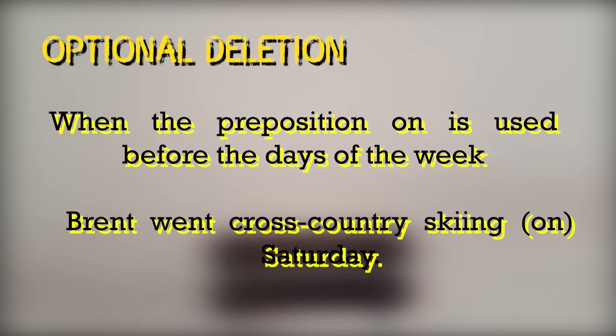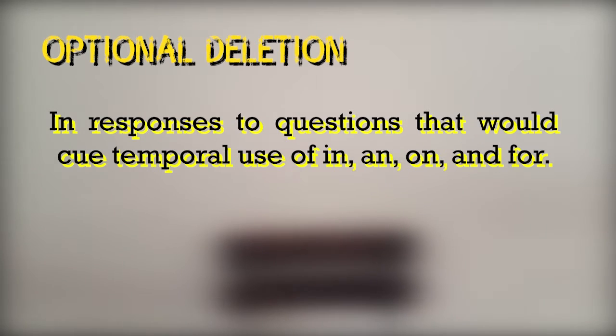For example, Brent went cross-country skiing on Saturday. The preposition on can be optionally deleted. Third, in responses to questions that would cue temporal use of in, on, and for. For example, how long have you lived here?